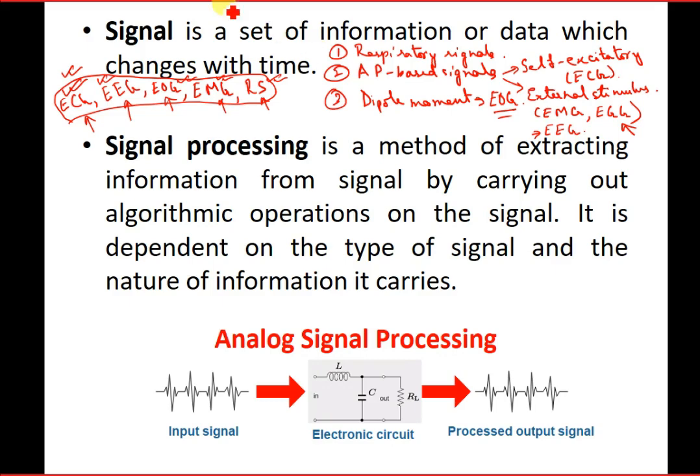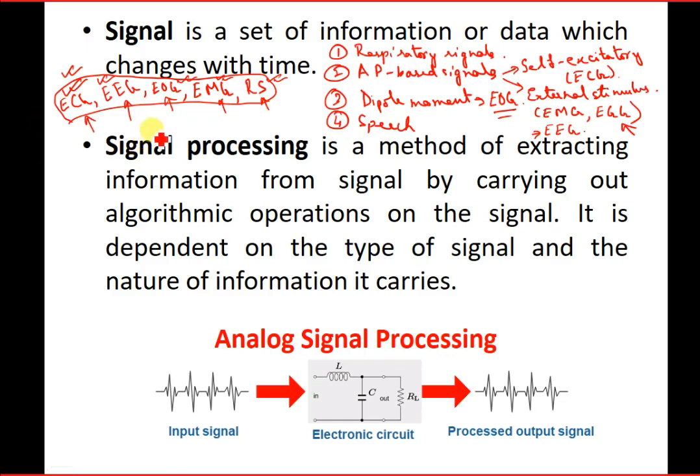Another important biosignal which I forgot to mention is the speech signal, which consists of physical waves. From the speech signals we are able to understand whether there is any problem with the speech development of the person.